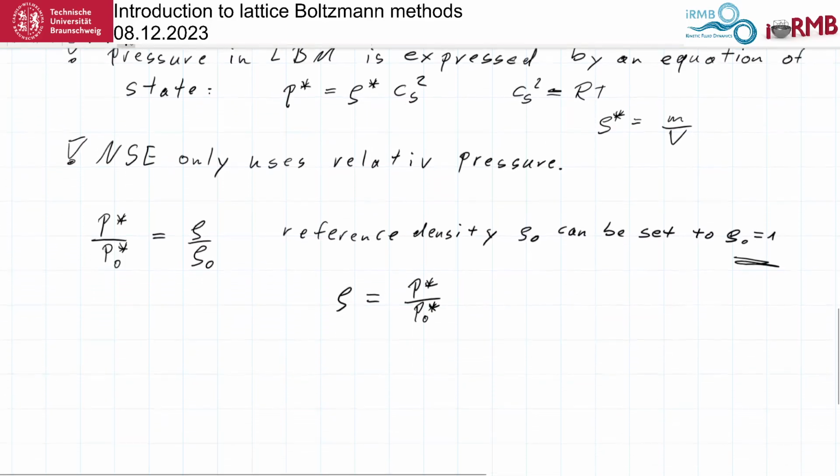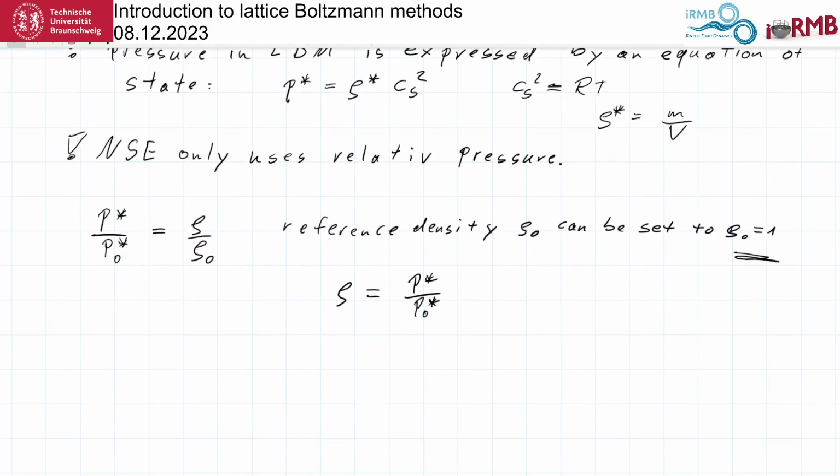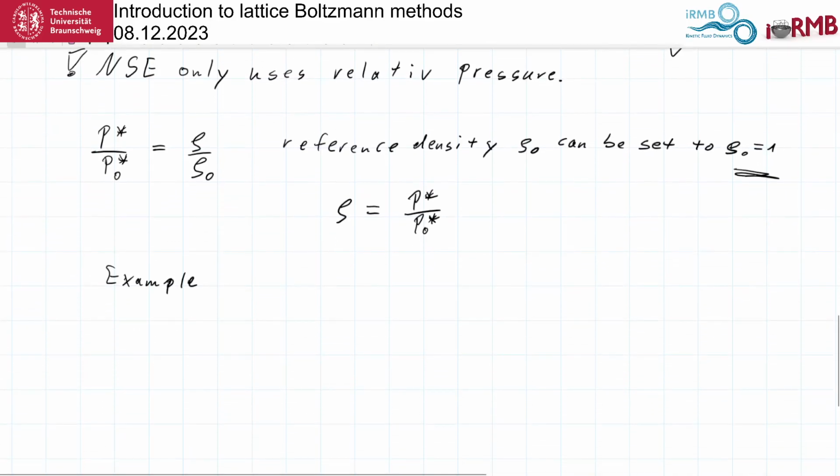Okay, let's just have an example. The typical problem that we have is a tube, where we have a pressure P1 here, which corresponds to rho 1 here.